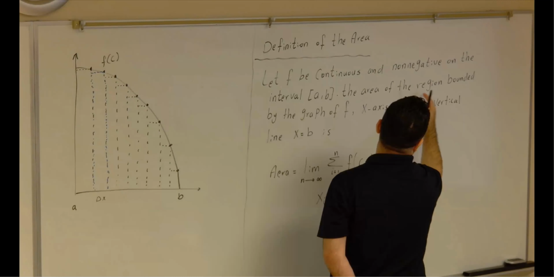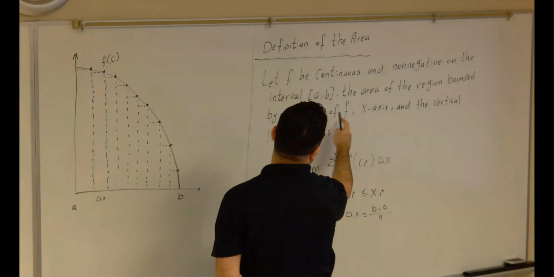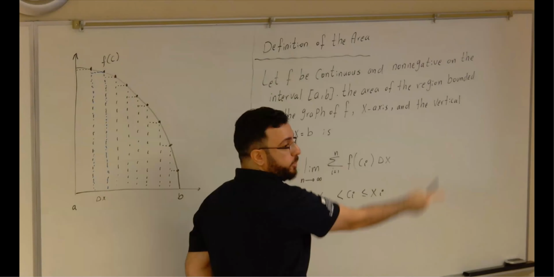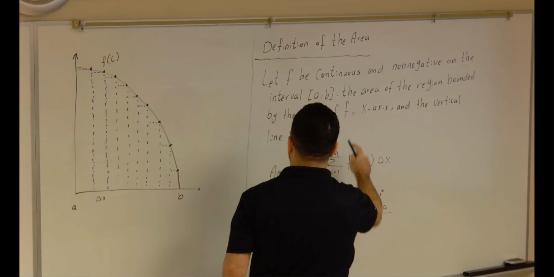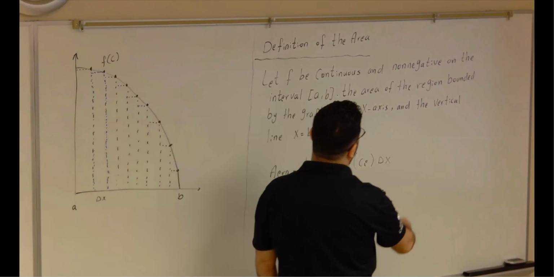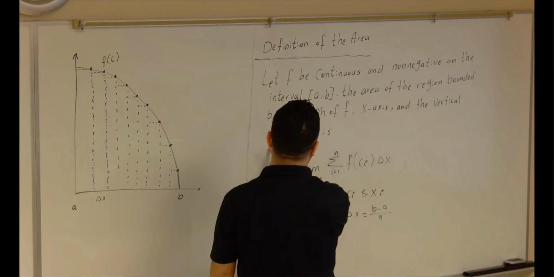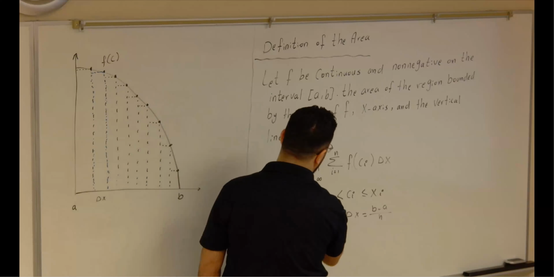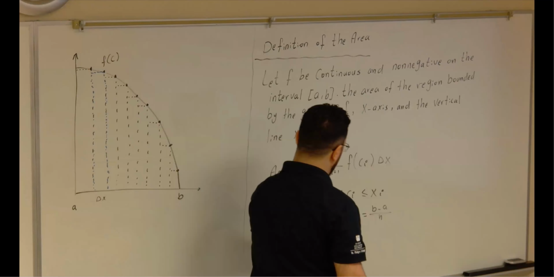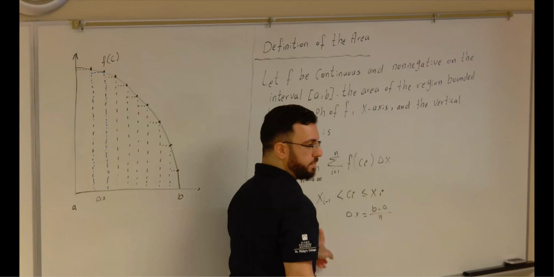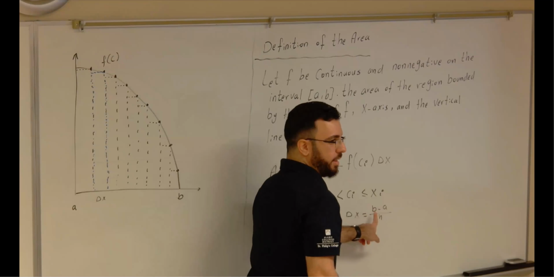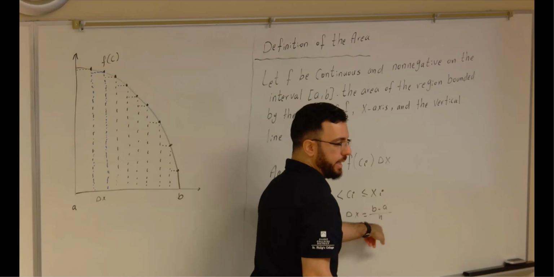The area of the region bounded by the graph of f, which is the curve, by the x-axis, and by the vertical lines x equals a and x equals b, is going to be the limit as n approaches infinity of the summation of f of ci times delta x, where ci is between x(i-1) and xi, and delta x, the width, is (b minus a) divided by n.